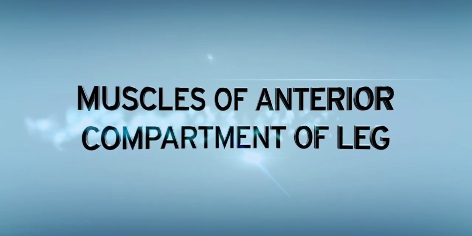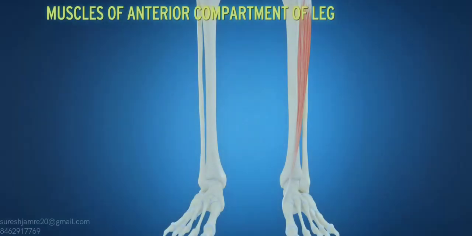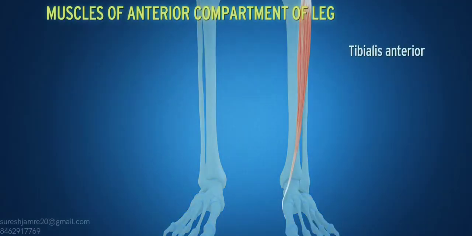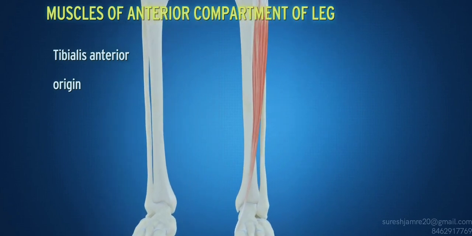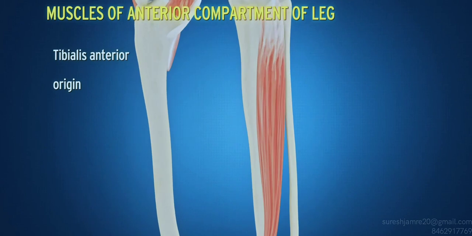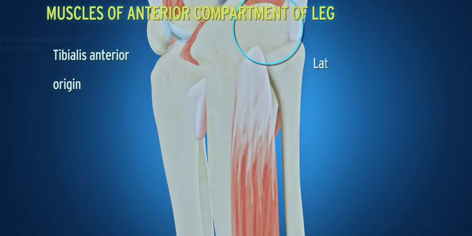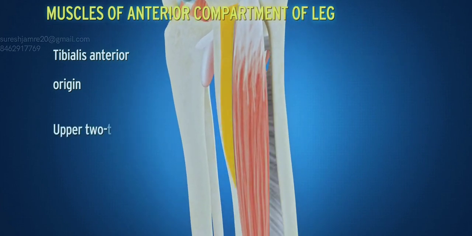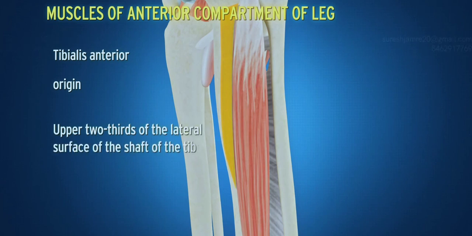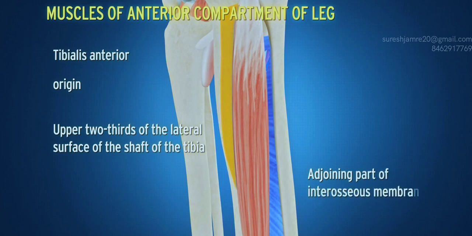Muscles of anterior compartment of leg. Tibialis anterior. It is a spindle-shaped multipennate muscle. Origin: from the lateral condyle of tibia, upper 2/3 of the lateral surface of the shaft of the tibia and adjoining part of the interosseous membrane.